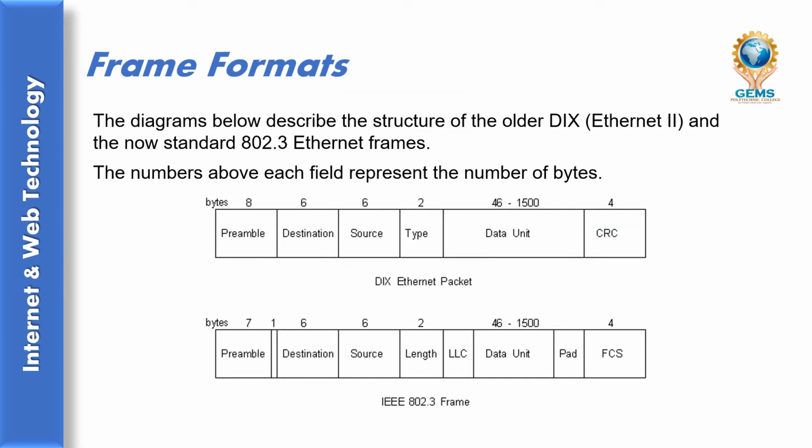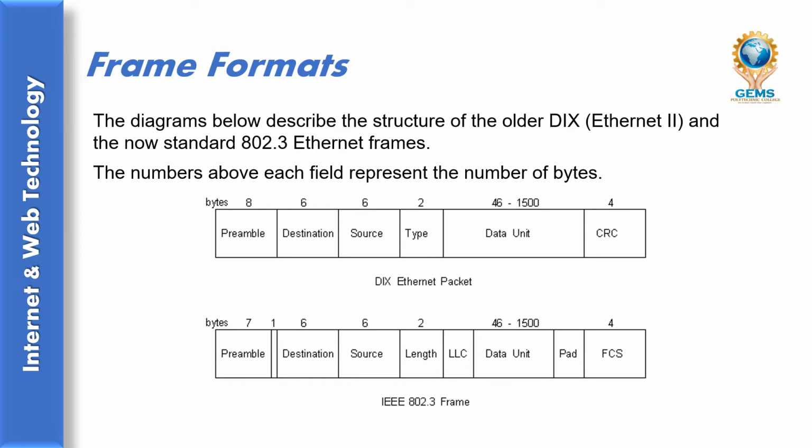This is the frame format. There are different frame formats: the DIX Ethernet packet format and the IEEE 802.3 frame format. The first, the older format, is Ethernet 2, but the standard now is the 802.3 Ethernet frame.